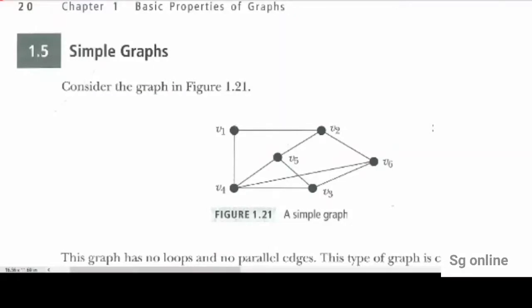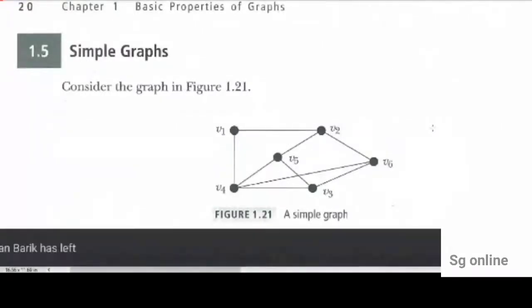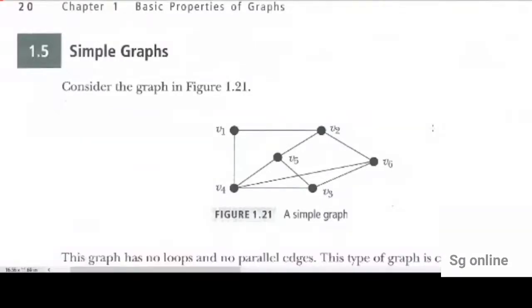A collection of two element subsets of V, and that is basically E. If E is empty, then it is empty, but it is just a subset of all the two element sets of V. So in this way a simple graph can be represented by just a collection of unordered pairs of vertices.